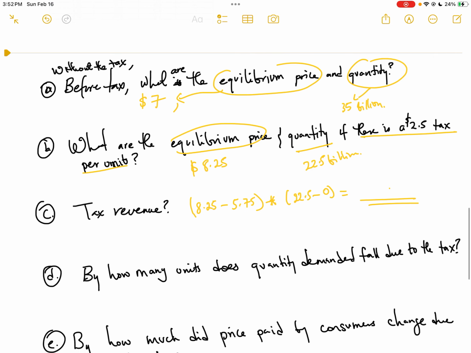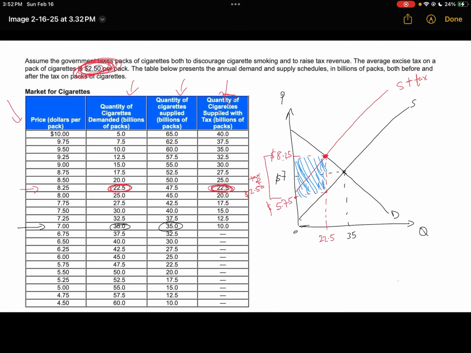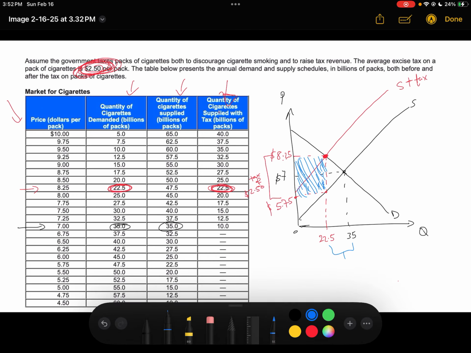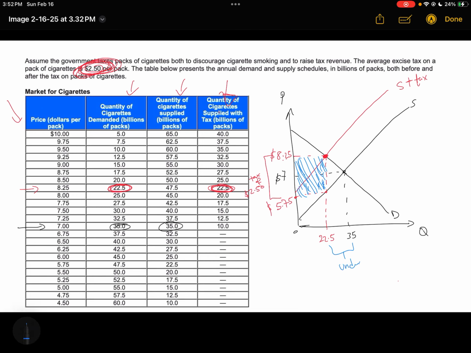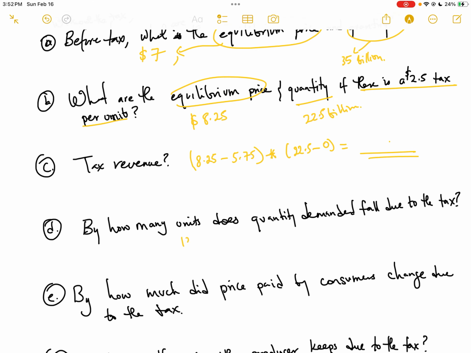All right, what's the next question? By how many units does the quantity demanded fall due to the tax? Due to the tax, there is an underproduction, right? The underproduction is right here. And so the quantity will fall, right? 35 minus 22.5. That sounds like 12.5 billion units to me, right? So that's the underproduction. Okay, so here we have 12.5 billion.